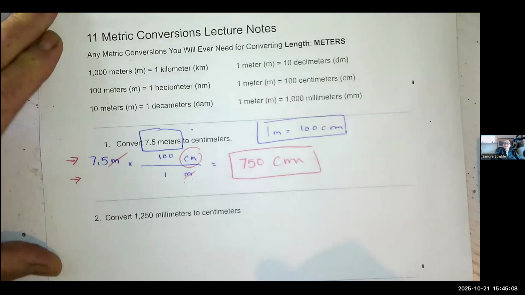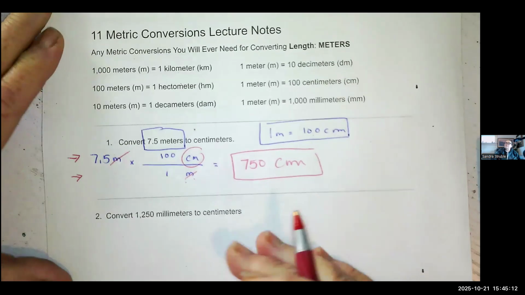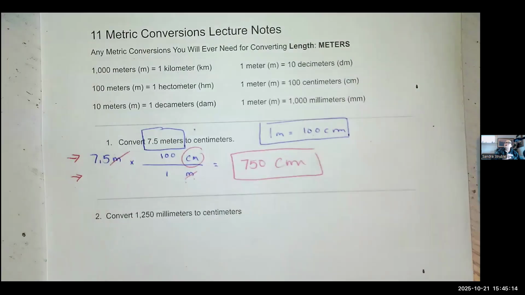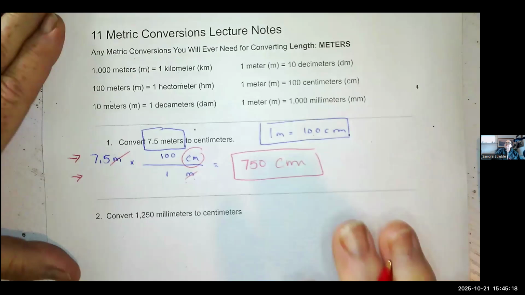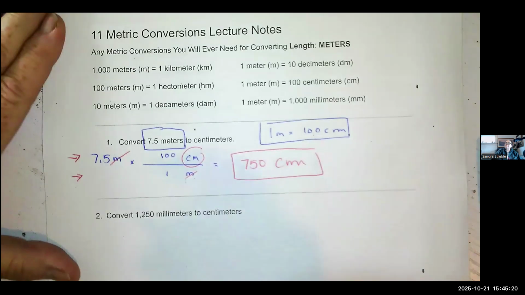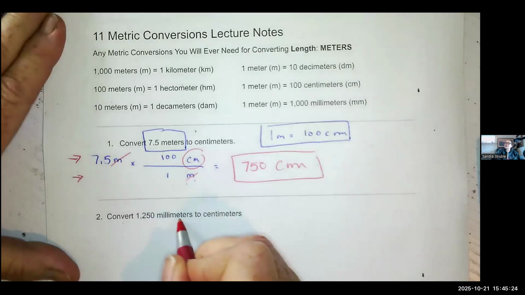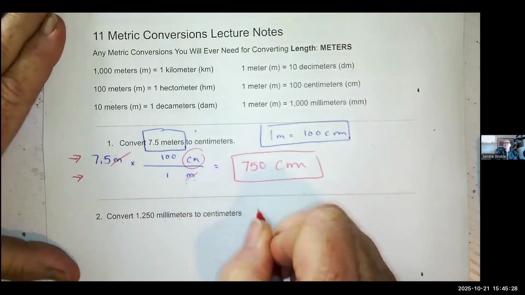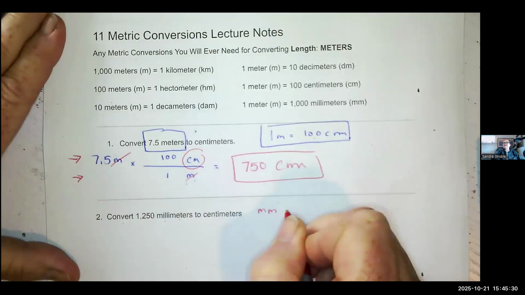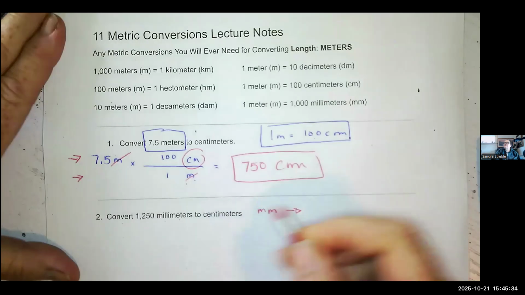The next one, and every one after this, we're going to have to do 2 steps of conversions. That's the most we'll have to do today, period. The next one is to convert 1,250 millimeters to centimeters. Well, this tells me that I'm going to start with millimeters. And as I've already told you, we can take every one of these and get to meters, and then we're going to go on to centimeters.